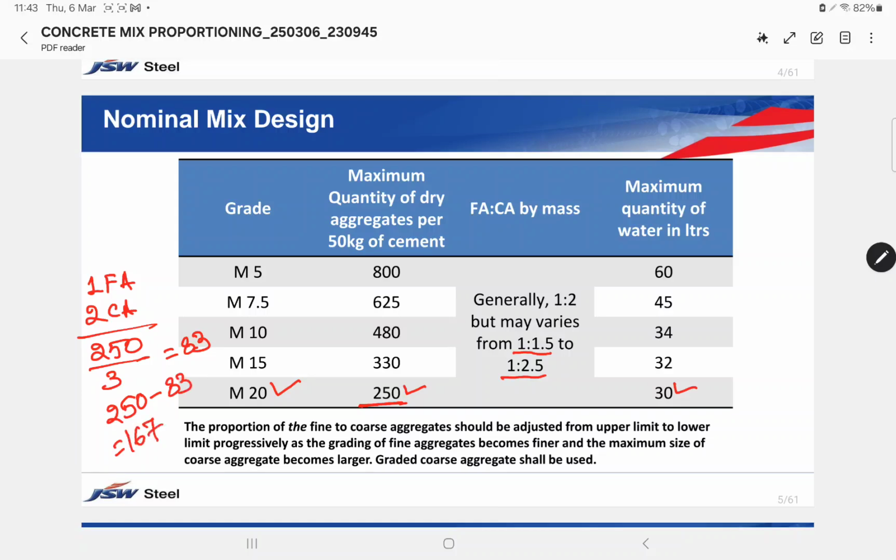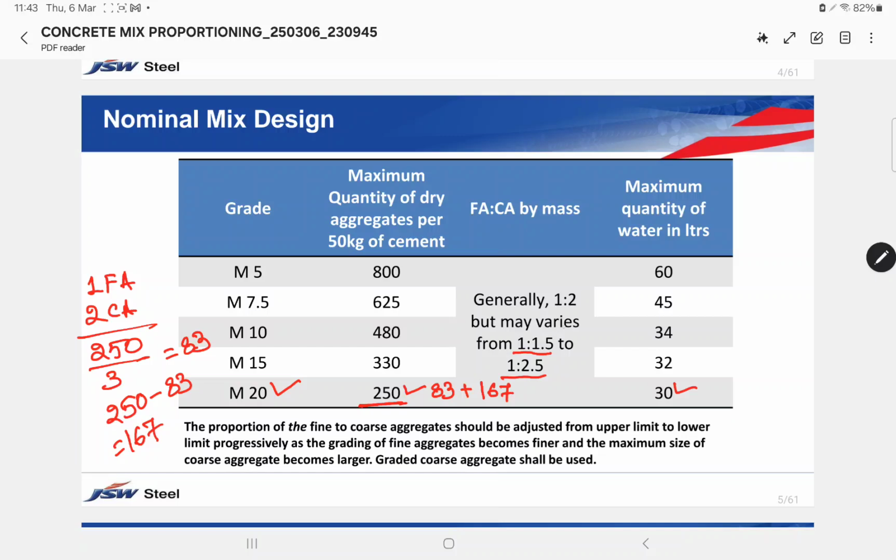So for M20 grade concrete, the fine aggregate quantity is 83 kg and the coarse aggregate quantity is 167 kg. And the water, the maximum amount of water you can add is 30 kg.